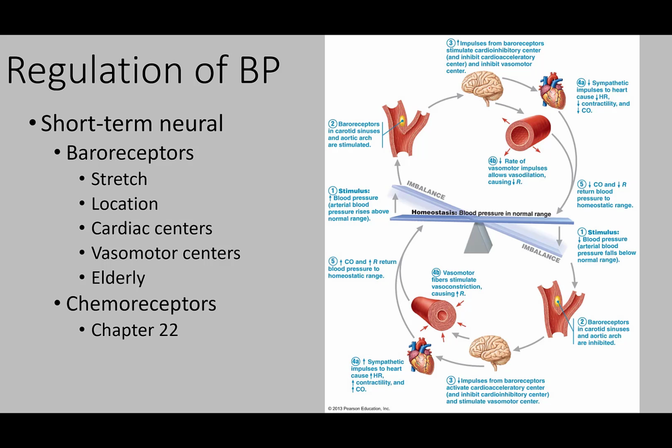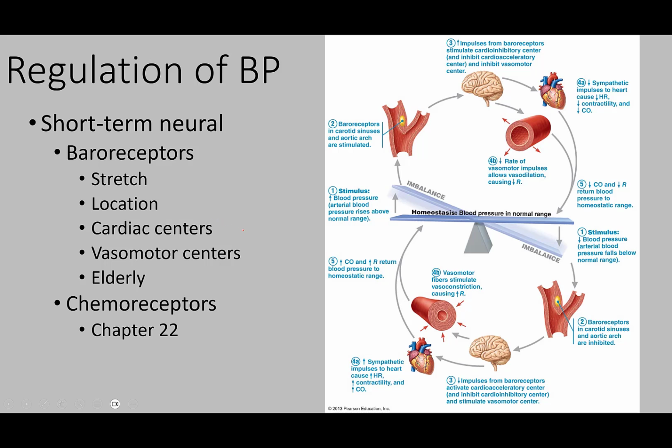And it does that a few different ways. If your blood pressure gets a little bit too high, there's a stretch on those baroreceptors. They send faster signals to the medulla oblongata. The medulla oblongata responds by slowing down or deactivating the sympathetic nervous system and activating the parasympathetic nervous system.